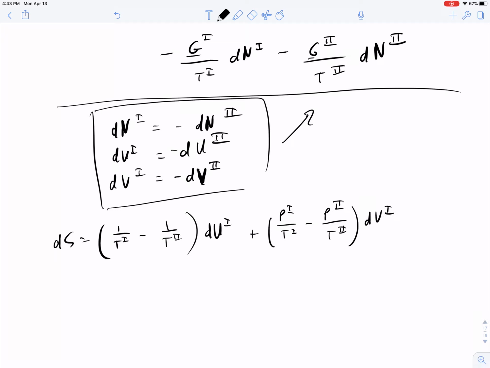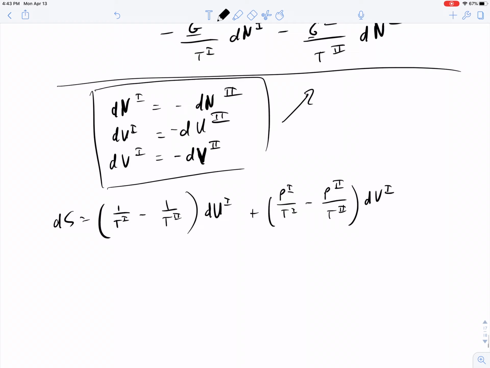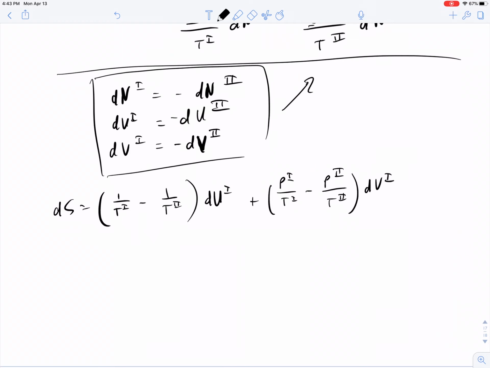We're using these relationships to substitute out one of the two changes. Then lastly, minus Gibbs free energy 1 over T1 minus Gibbs free energy 2 over temperature 2 times dN1 for that relationship.